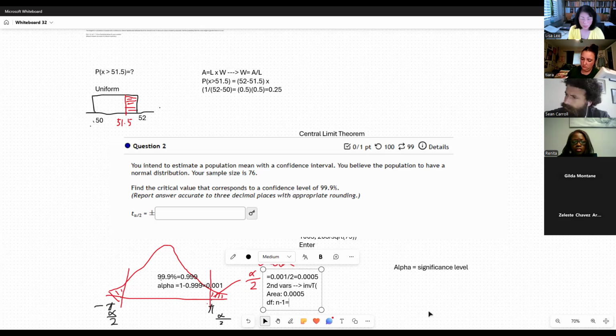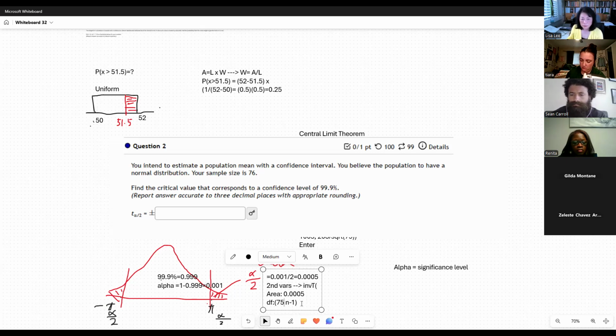So in your calculator, you don't type the n minus 1, okay? I just explained to you that it equals n minus 1, but you are not going to type this one. This is just my explanation only. You will just take the n and put it here. The problem said you are estimating sample size 76, right? So you just do 76 minus 1, which is 75.